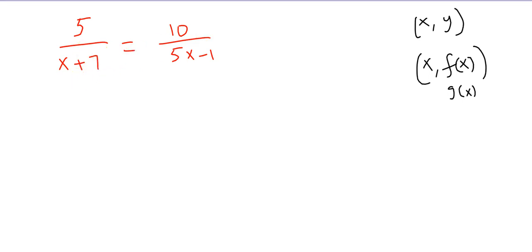In order to solve, first I have to find the least common denominator between those two. That is, here x plus 7 by itself, and there 5x minus 1 also by itself. So the least common denominator is the product of those two, x plus 7 times 5x minus 1.